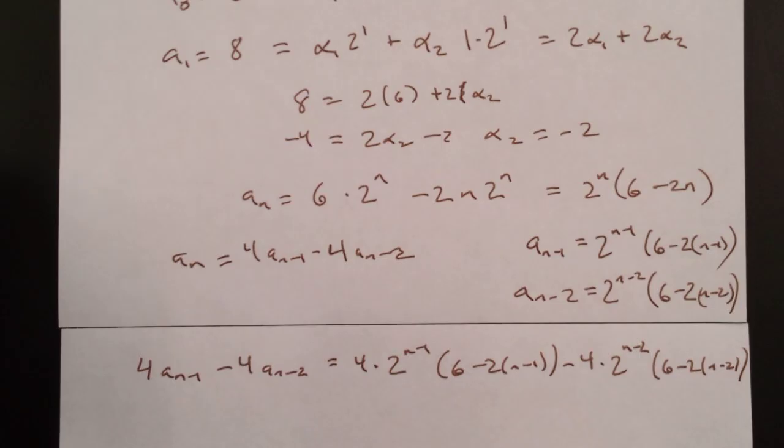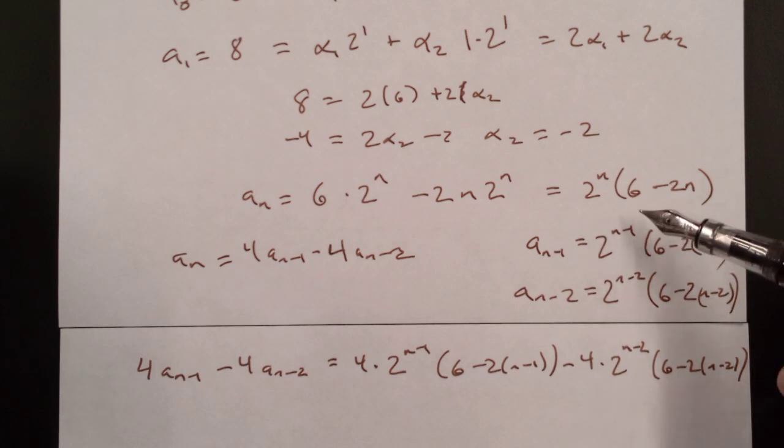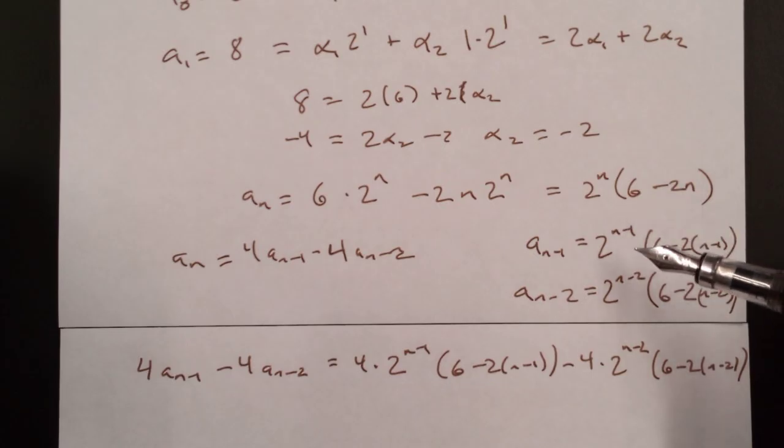And now I'm going to do a lot of simplifying. And hopefully, when I do all that simplifying, I'm going to end up with this, because that would be A_n, wouldn't it?